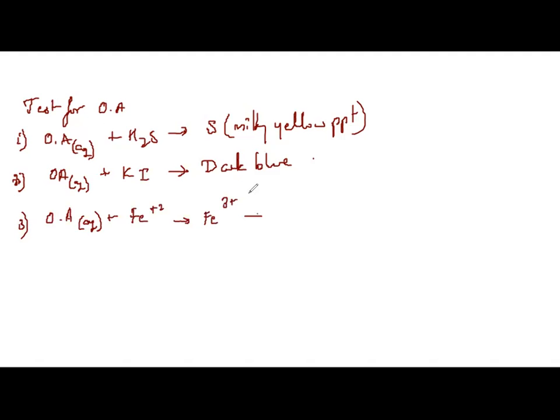And when it is treated with CNS, ammonium thiocyanate solution, we get FeCNS3. This is dark red color. So these are all tests for oxidizing agents.